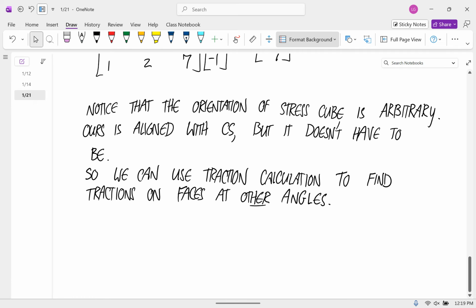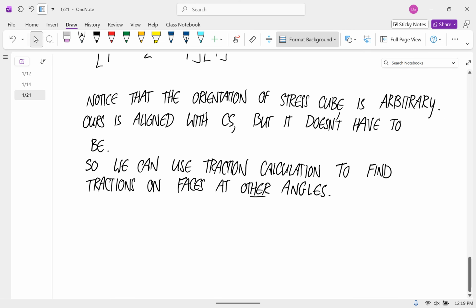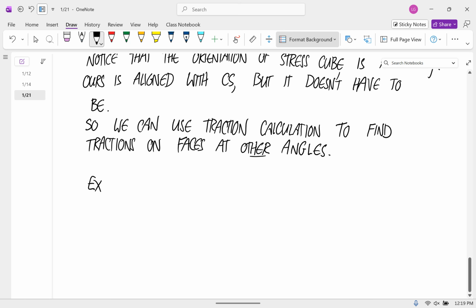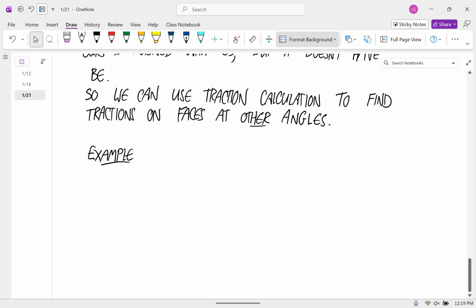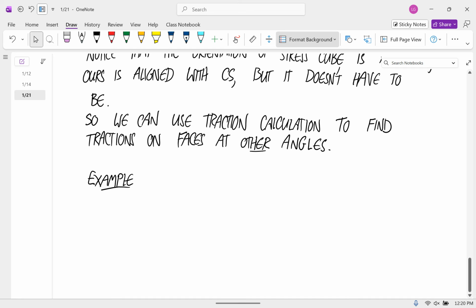And this is actually going to be a really useful thing for us. And it connects to calculating stress tensors in different coordinate systems. And we'll see that it connects to calculating principal stresses, which is going to be a big deal for us. So for example, let's say that we have a stress tensor in our coordinate system that's equal to 1, 5, 2, 5, -4, 0, 2, 0, 8.